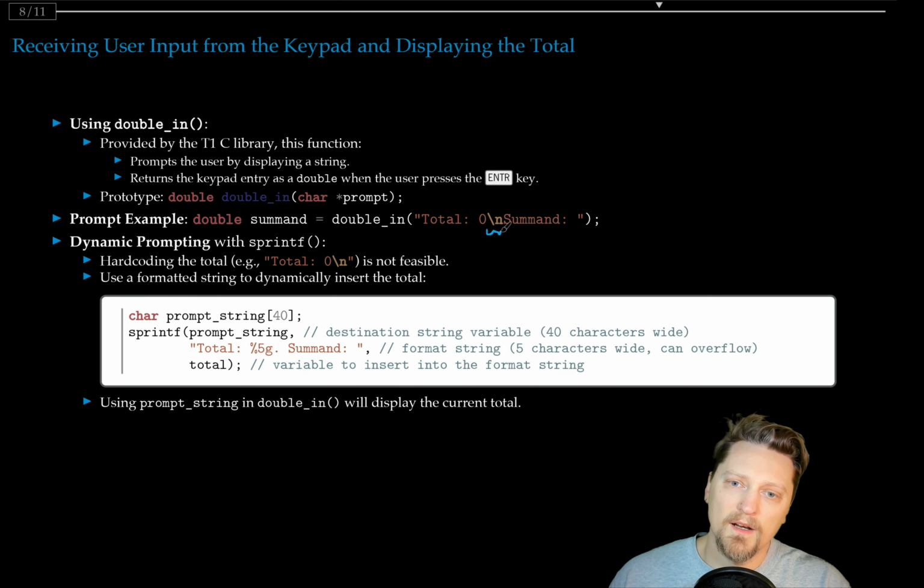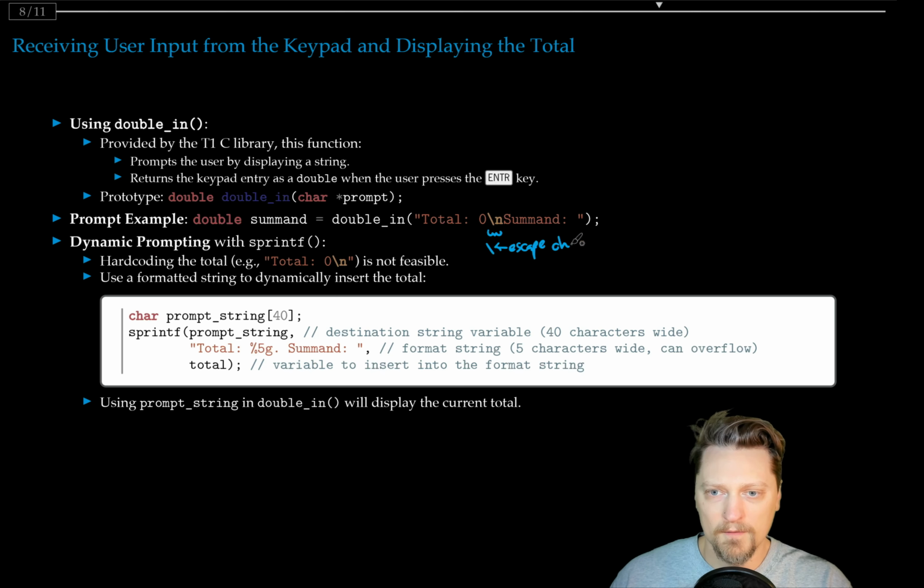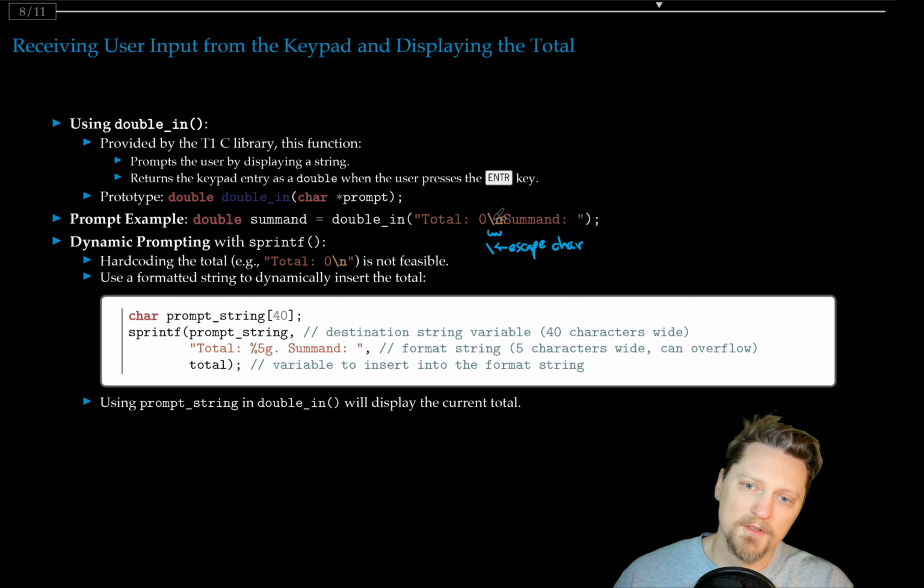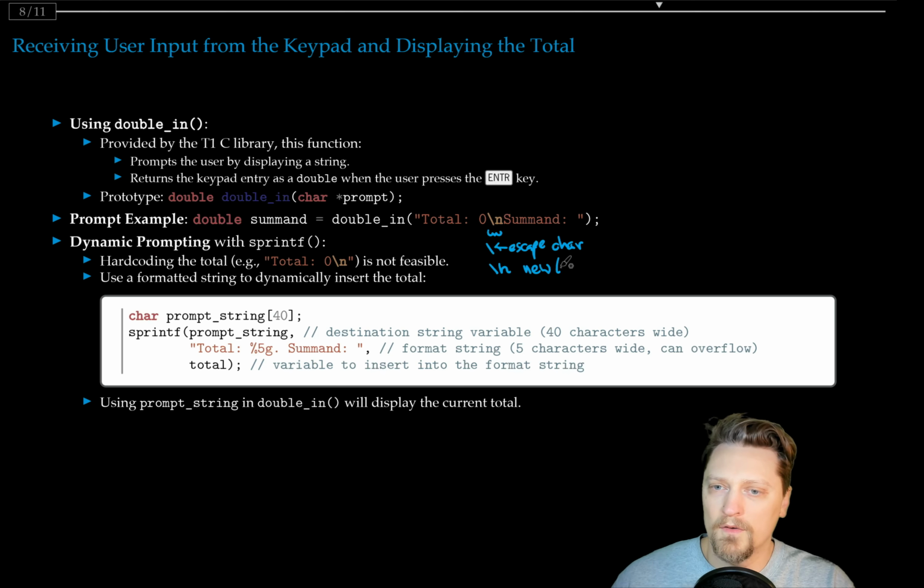This is a special character, so the \n, the slash is an escape character. We'll learn more about these later. Escape character. And n, so the special character \n means new line. So almost all computers understand this character to be a new line character and will give you a new line when they encounter this.